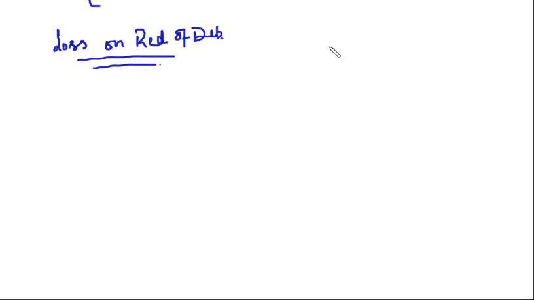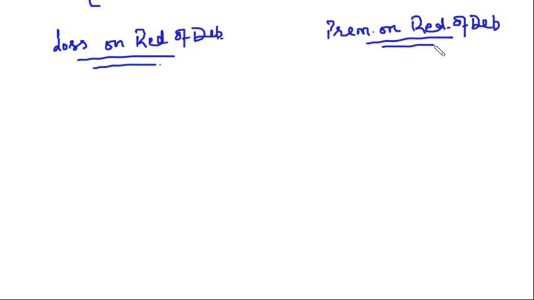Now, we talked about these two topics, two basic entries. One is loss on redemption of debentures, and the other is premium on redemption of debentures. Right? Now, how to show these in the balance sheet? Premium on redemption of debentures is a liability, right?